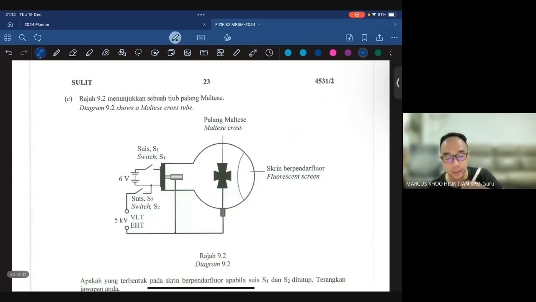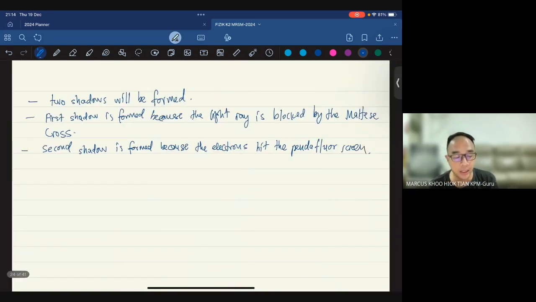Okay, the pentafloor screen is here. The second shadow is formed because the electrons hit the pentafloor screen and creates a fluorescent effect.